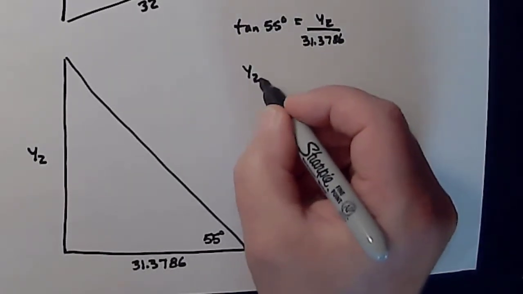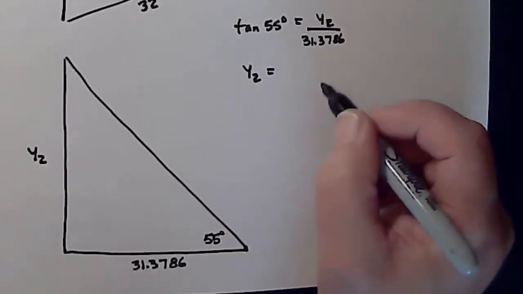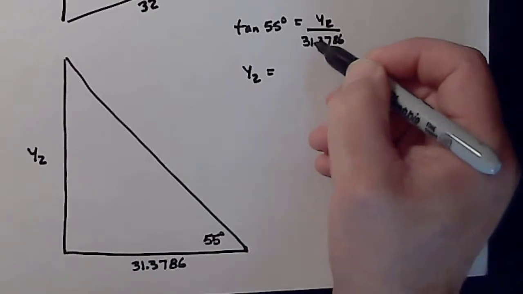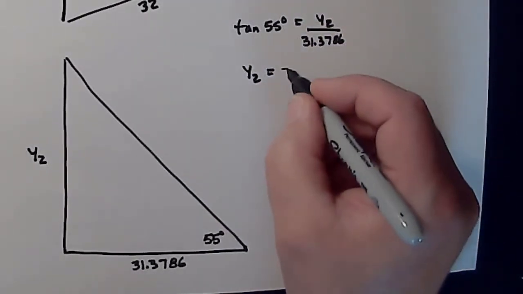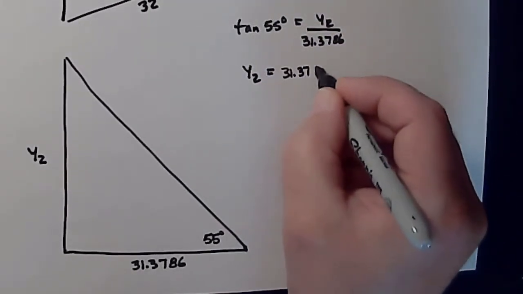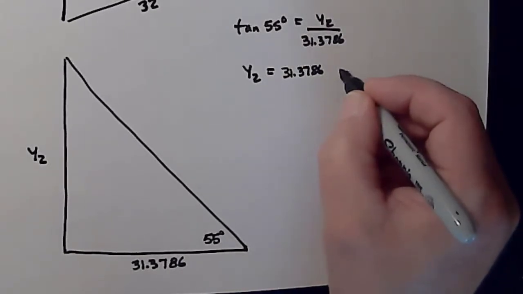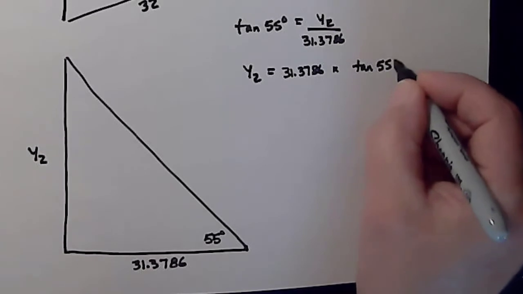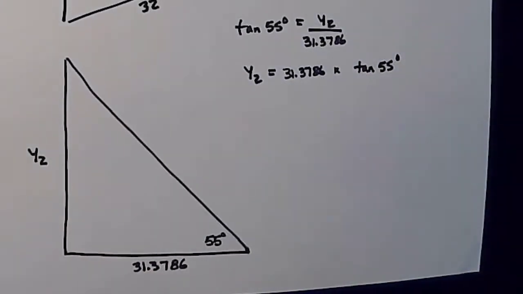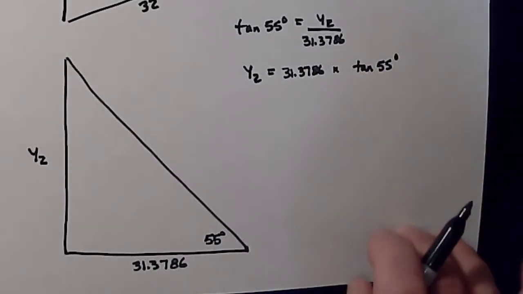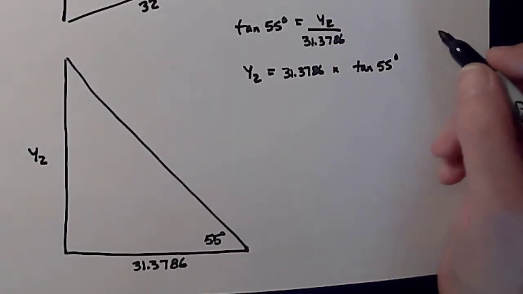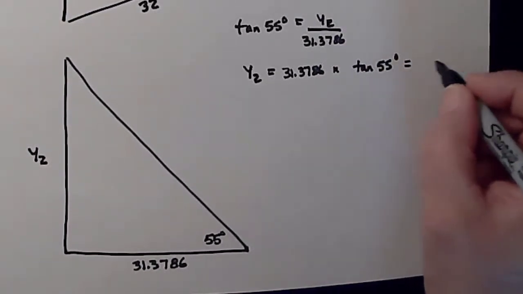And solving for y2, getting it all by itself on one side of the equal sign, I just move this from the bottom to the top on the other side of the equal sign: 31.3786 times the tangent of 55. Now I've got it in a form that my calculator can easily solve. And I see that y2 is 44.813 meters.